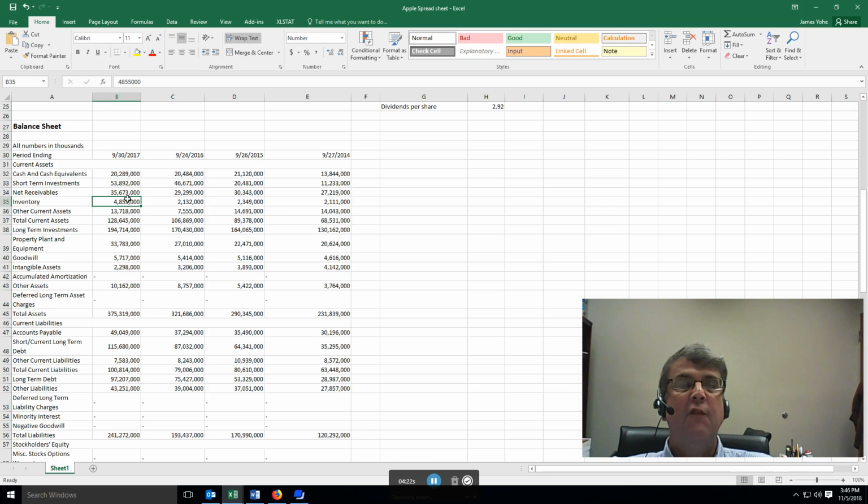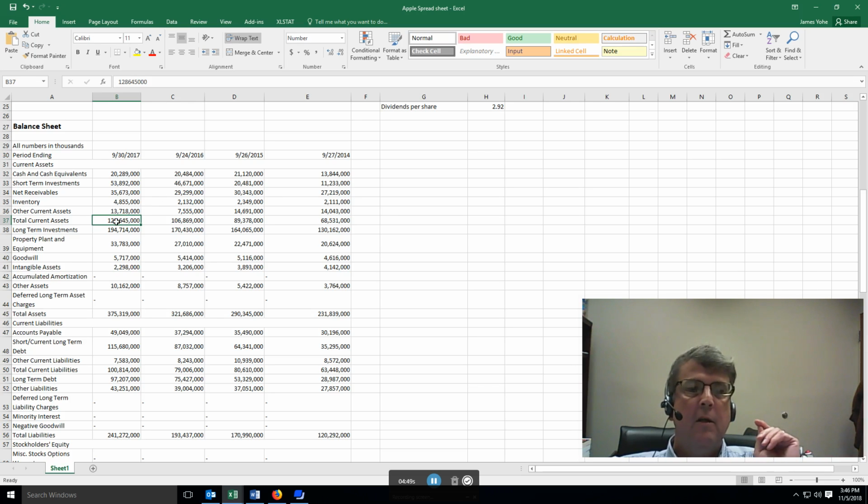If we add these things up and other current assets, that gives us total current assets of $128,645,000,000. Those are things that Apple can turn into cash, usually within less than a year.